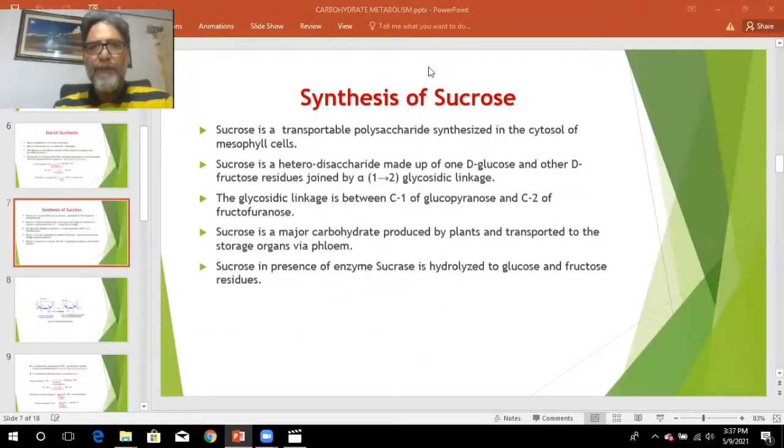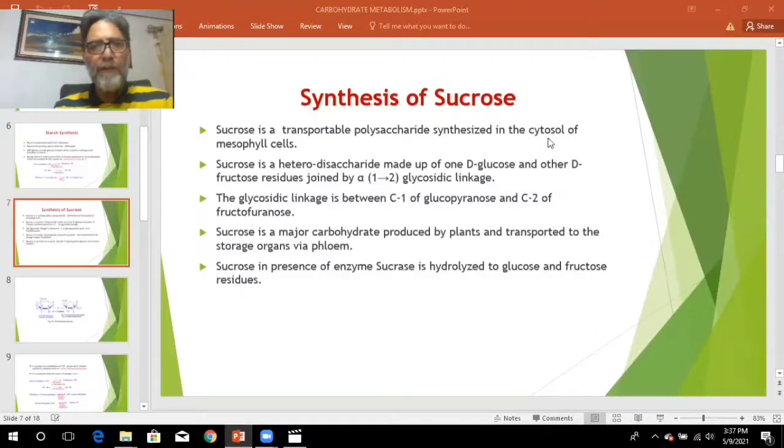Before, we have seen the structure of starch. Now we will understand the synthesis of sucrose. As you know, sucrose is also a photosynthetic product. It is a transportable sugar which is synthesized in the cytosol of the mesophyll cells.